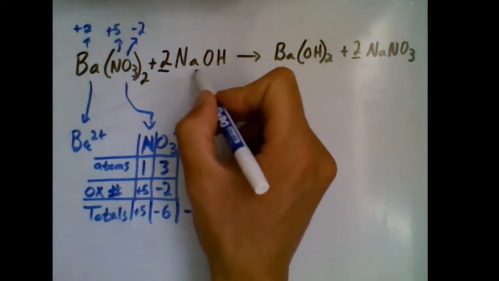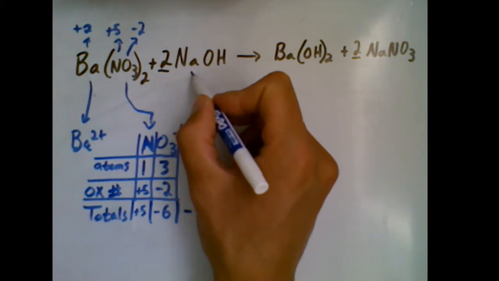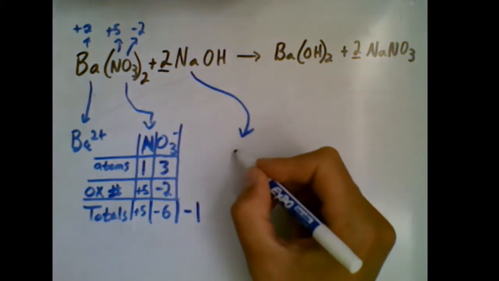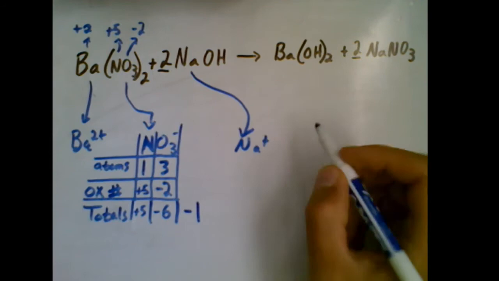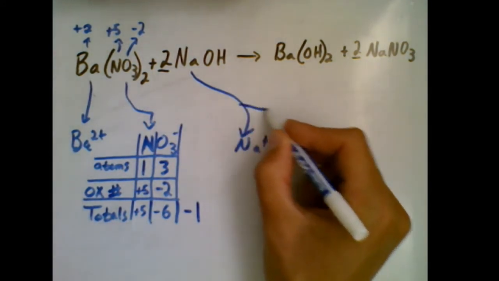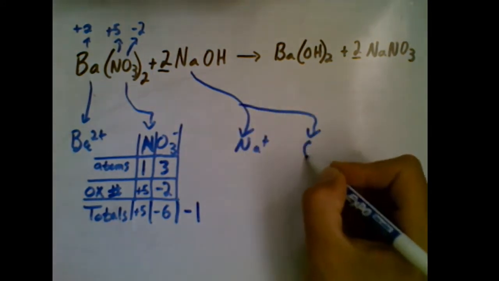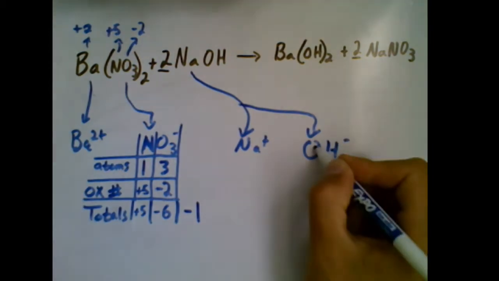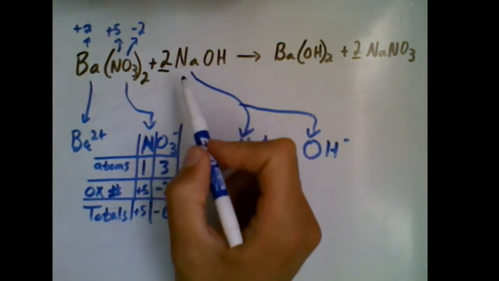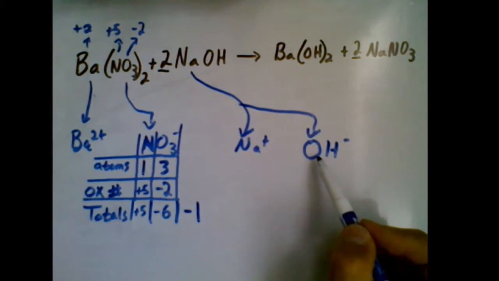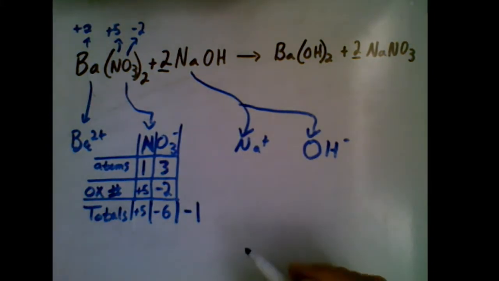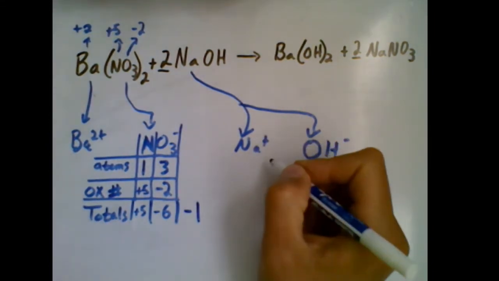Let's take a look at the other, and let's do it the same way. Now, I know this is going to take up a lot of space here, but in the end, we're actually not going to need a ton, and I'll explain in a little bit. But whenever you have an ionic substance, it's much easier to break it down into its component ions and look at the oxidation numbers using charges.